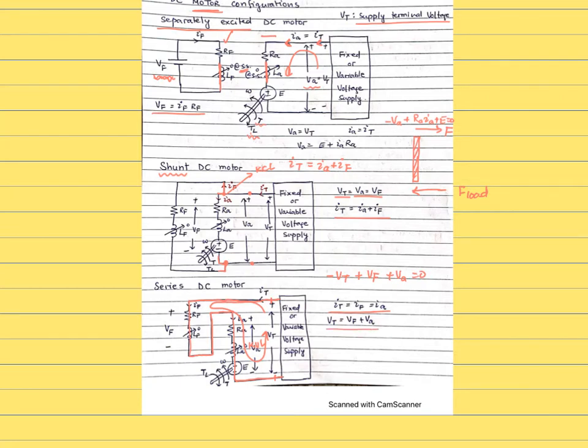Or you have VT taken care of by the two voltages, but they are not in parallel. So VF plus VA equals VT. There are some things which are common among the three types of configurations, and a few things which are different. So those are the three different configurations of DC motor.